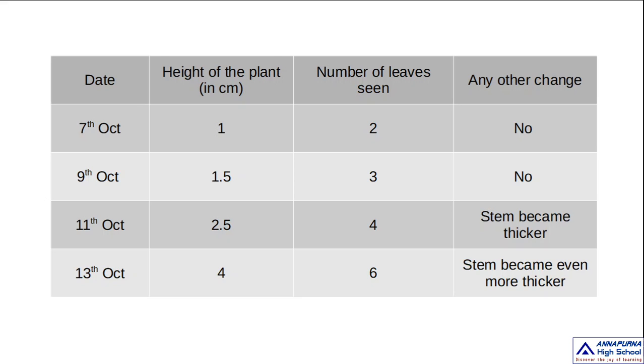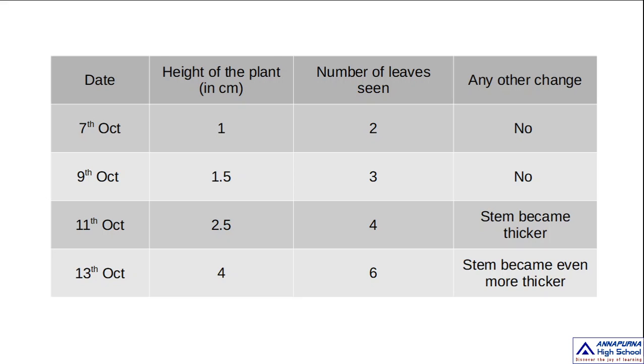There is no other change, because this is the starting stage. Now 9th October, what happened? Automatically day by day its height increased. How much? 1.5. Number of leaves? 3 leaves. Any other change? No, there is no change.